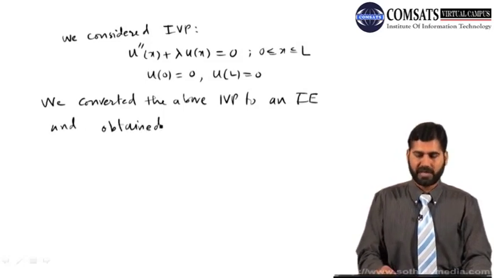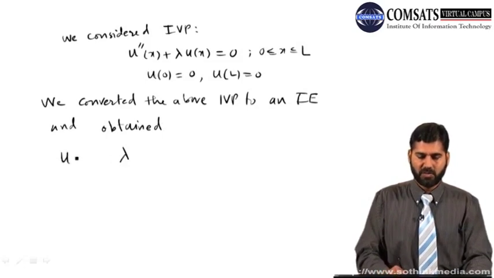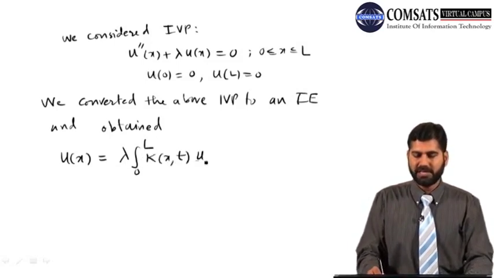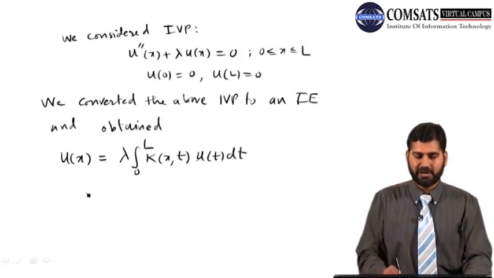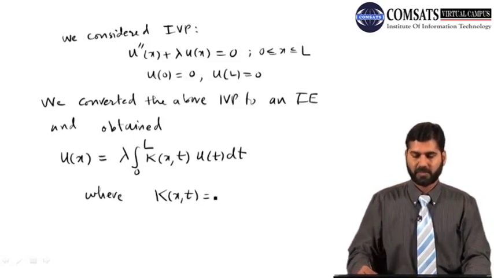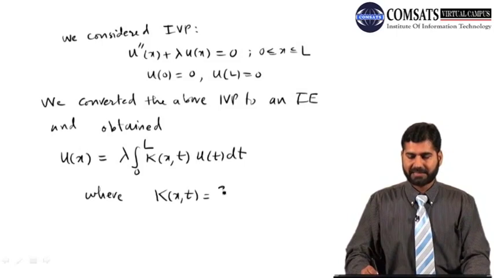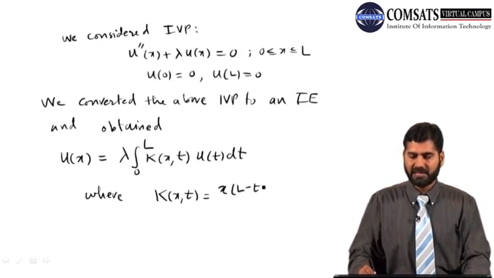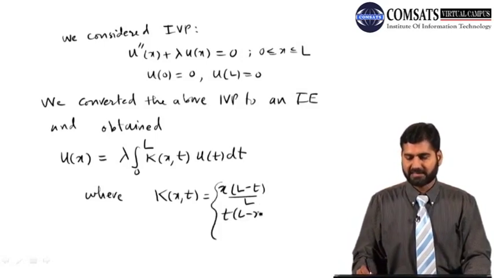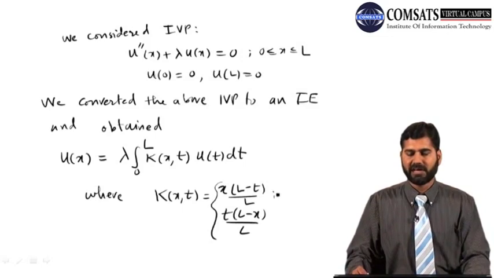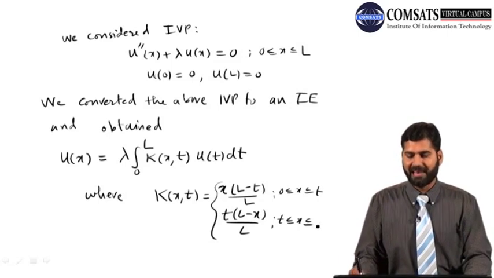a homogeneous Fredholm integral equation, which was u(x) is equal to lambda integral 0 to L K(x,t) u(t) dt, where K(x,t) was x(L minus t) divided by L and t(L minus x) divided by L. We converted like this, for x less than t and t less than x, with range 0 to L. Right?